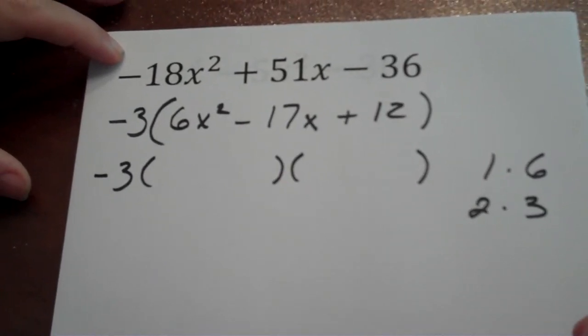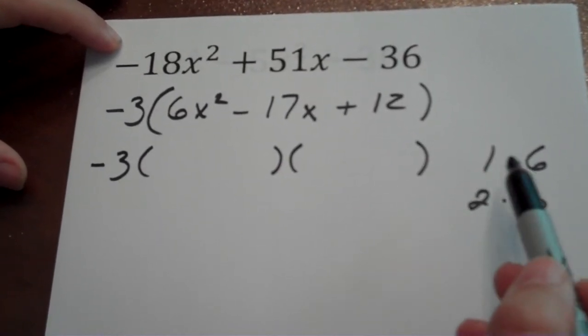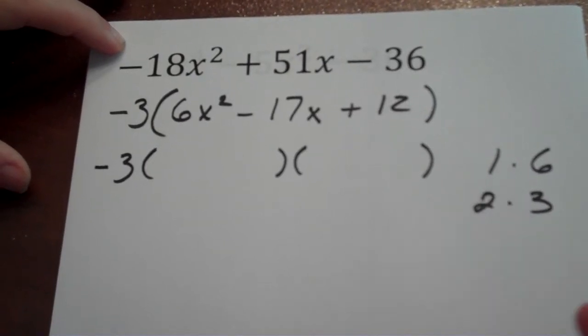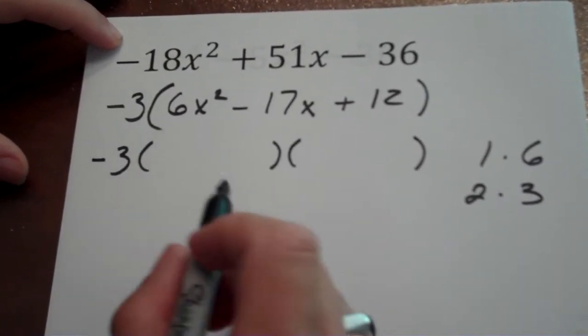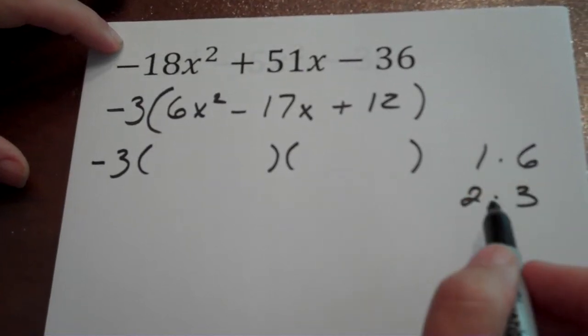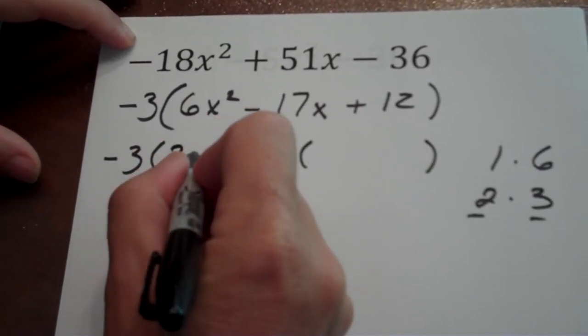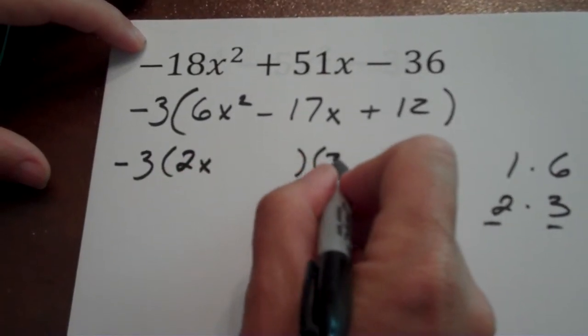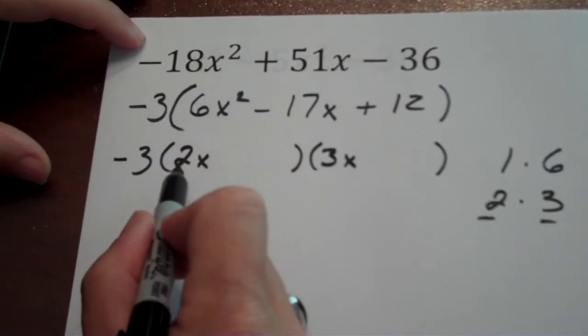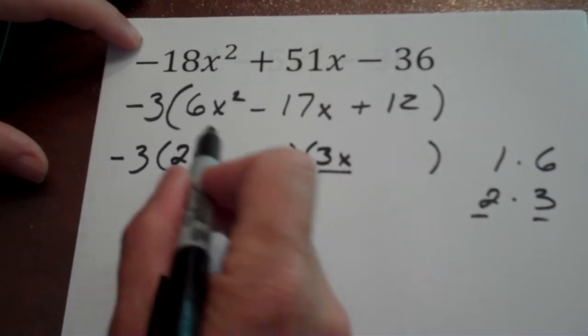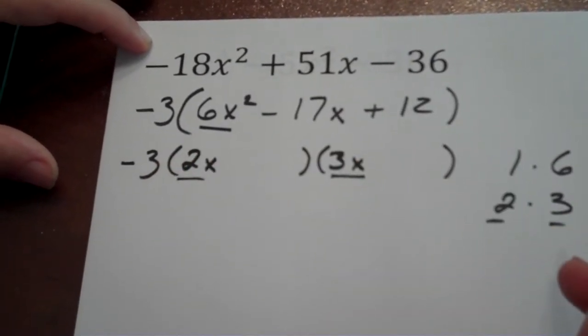If you saw it once on a test, that would be the maximum that I would use the 1 as one of the factors, at least for the first term. The second term, that's a very distinct possibility. So let's just use the 2 times 3. I'll put the 2 first and the 3 second. And of course I'm designing this so that the first times the first gives me the first term in my factoring.